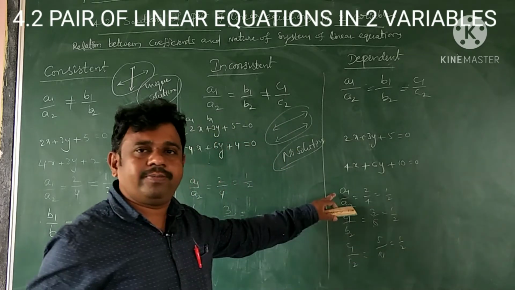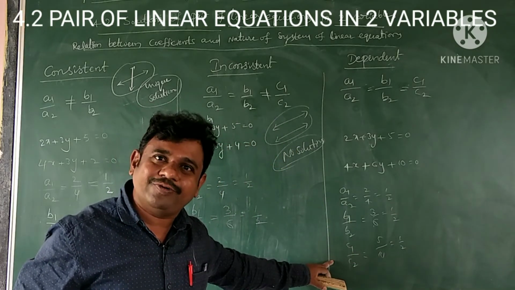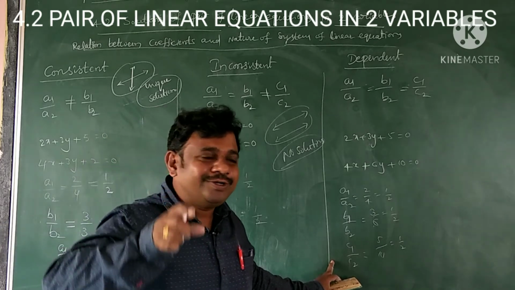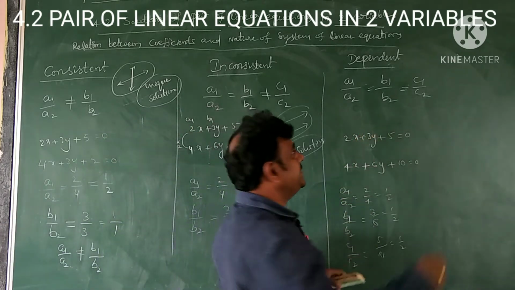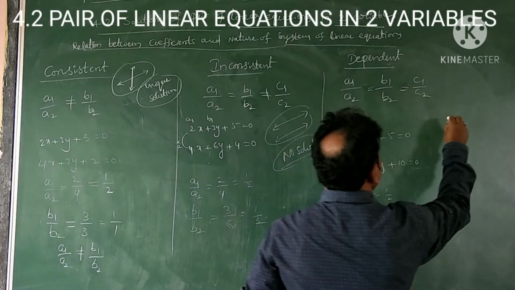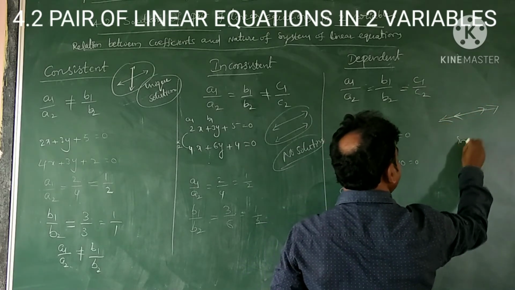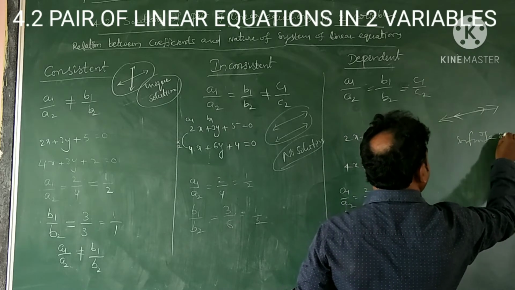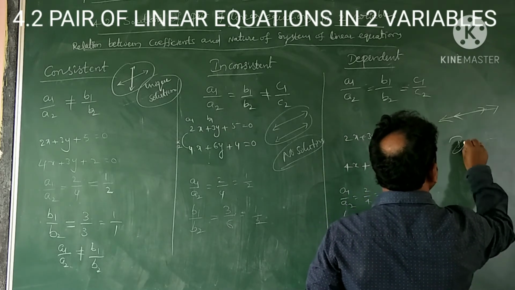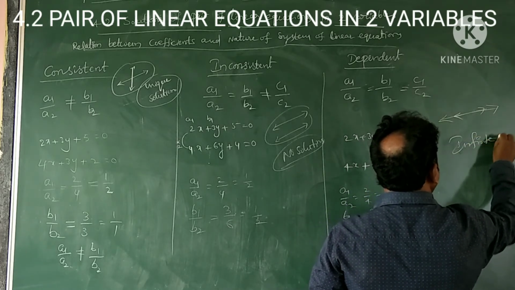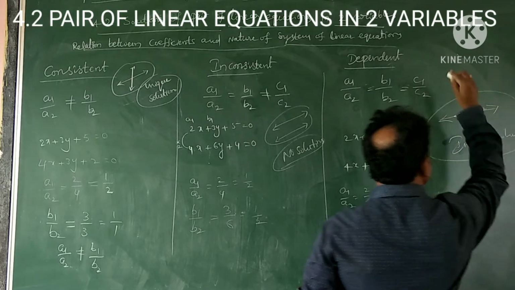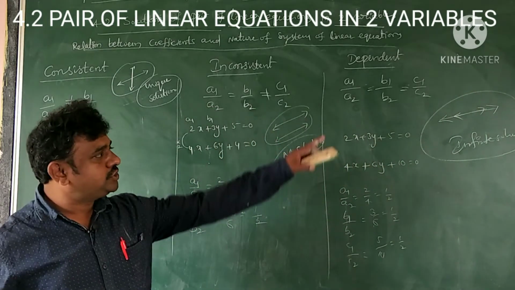Clearly a1 by a2 equals b1 by b2 equals c1 by c2. So this pair represents dependent, coincident lines. It has infinite solutions.